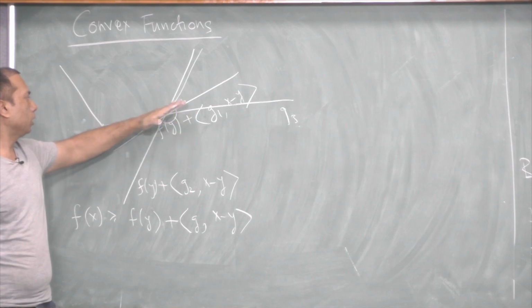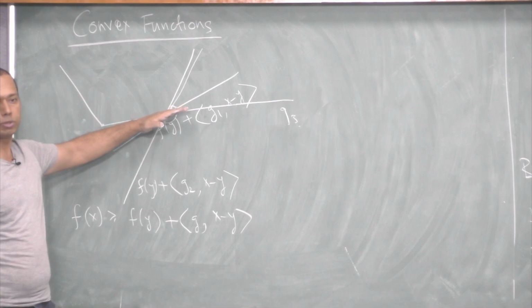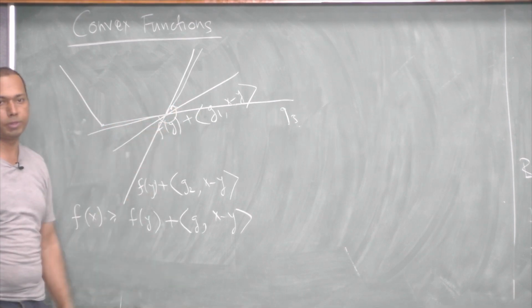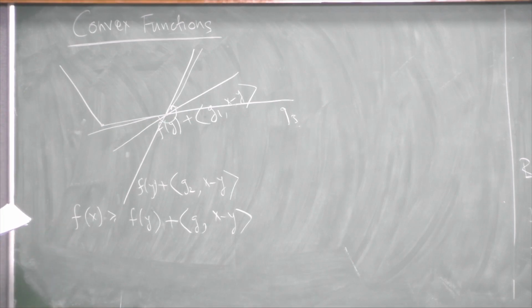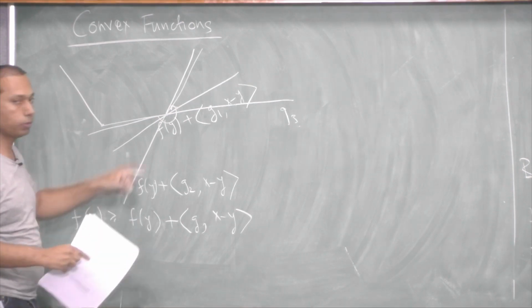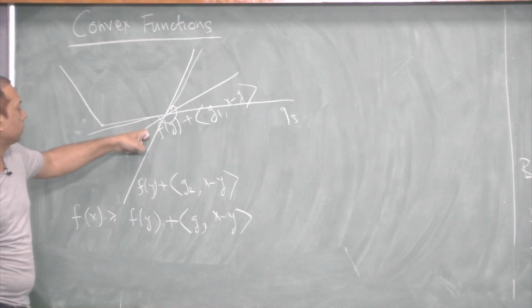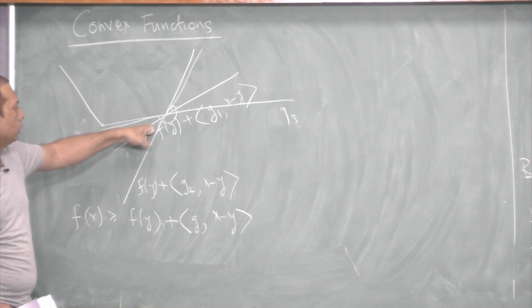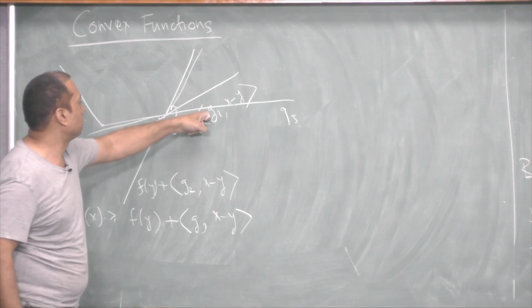What is interesting here is that it does not have to be global, because the subgradient is a local property. If f is convex and differentiable, then grad f(y) is the unique g.